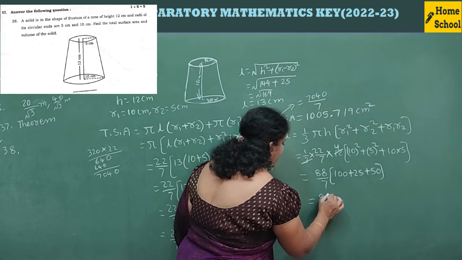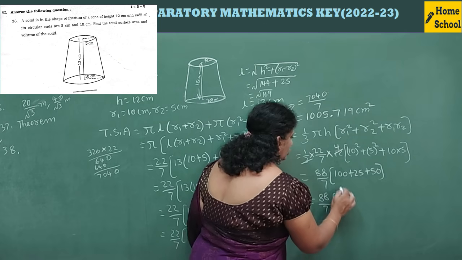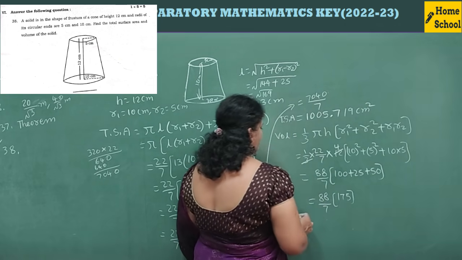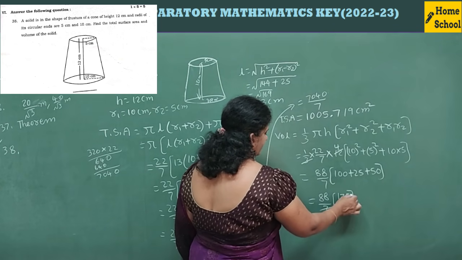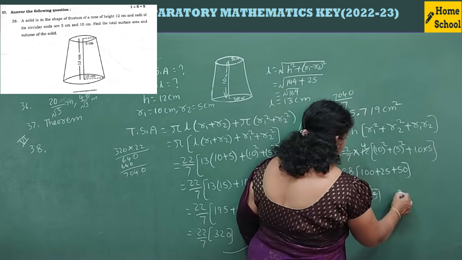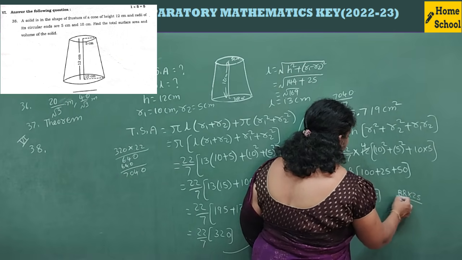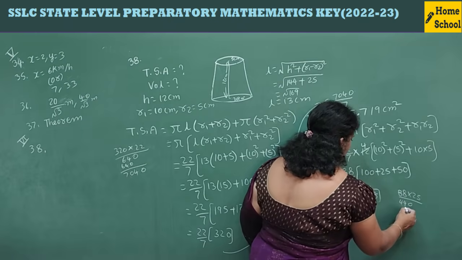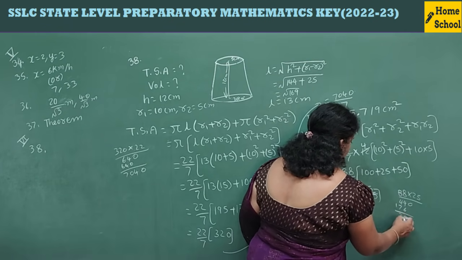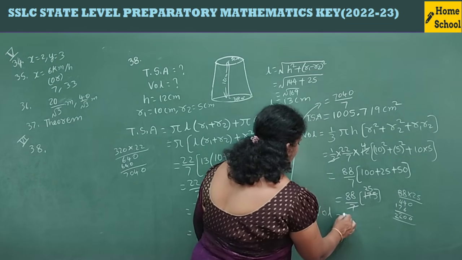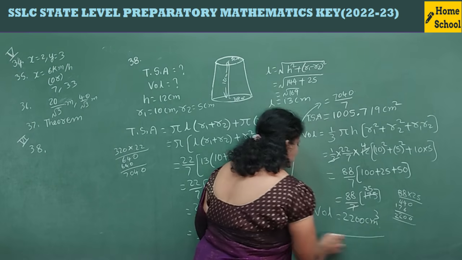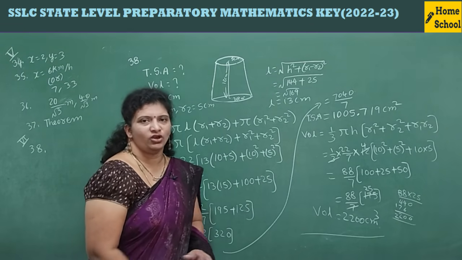Add all these: 88 by 7 into 175. Right? Can you cancel? 7 25s are 175. Now multiply 88 into 25. That is 2200. 2200 centimeter cube is your volume of the frustum of a cone.